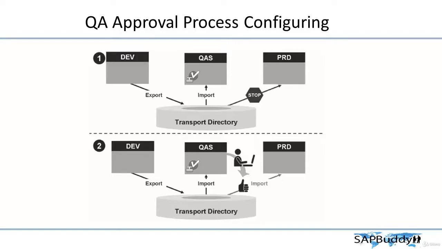If we do not have the QA approval, it will be automatically available in PRD, the productive system, for import. In general, whenever you release any transport or export any TR to the transport directory, the particular TR is automatically added to the import queues of the consolidation and delivery systems.